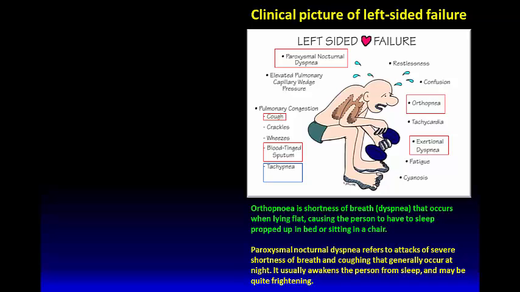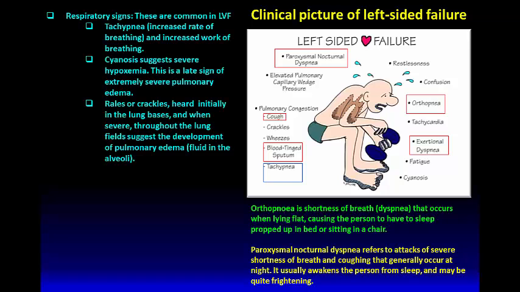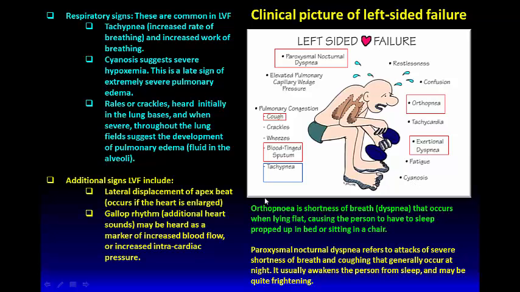Tachypnea is an important sign of left-sided failure. Tachypnea means an increase in the rate of breathing, and patients with left-sided failure also have increased work of breathing.